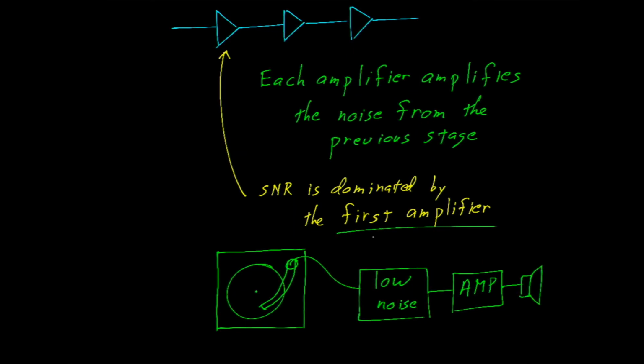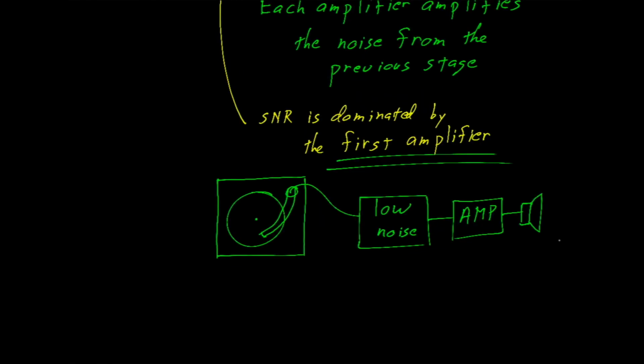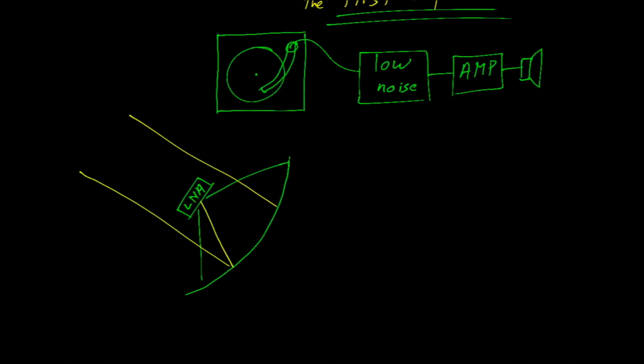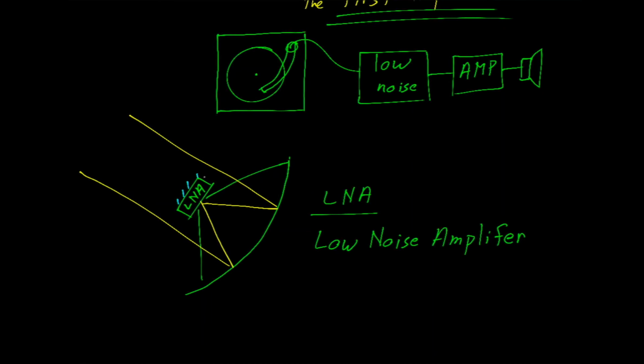This same consideration for the first amplifier is also applicable to deep space networks, dealing with the large satellite dishes, where we might find a low noise amplifier at the focal point of the dish, which may be cryogenically cooled for the best signal-to-noise ratio.